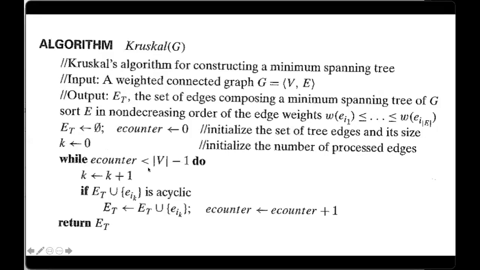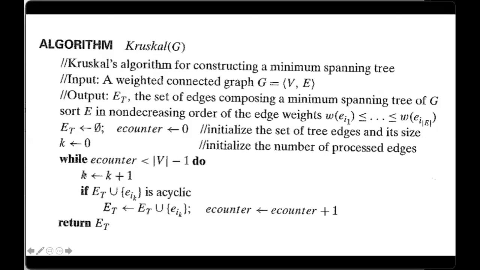While encounter is less than the total number of vertices minus 1. In Kruskal as well as in Prim's, this is the condition we check. The encounter variable keeps track of the number of edges already selected in the final spanning tree.